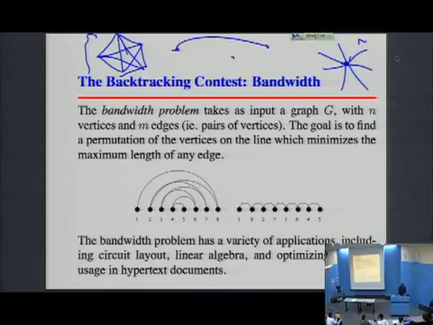The thing you would really like to have is the center and then everything sort of radiating out like this. Does everybody see that? If you have a star, the longest edge, if you put the center of the star in the center of your permutation, is going to be like n over 2. Whereas if you put it at one end, it's still going to be n minus 1. Any questions?